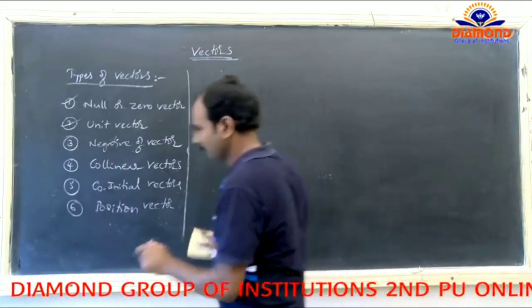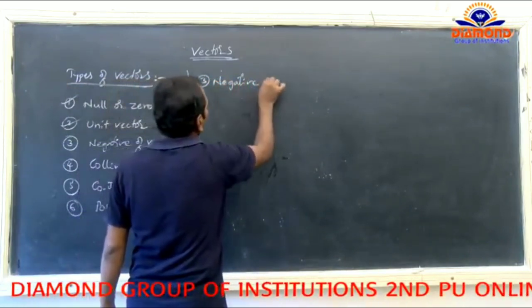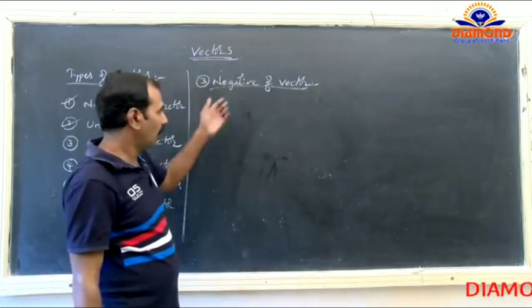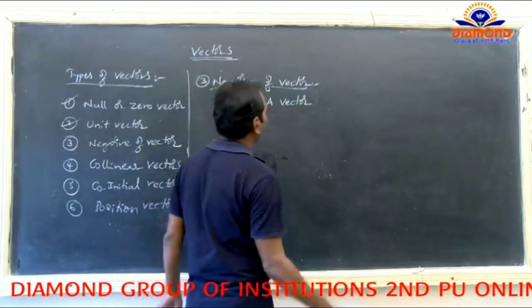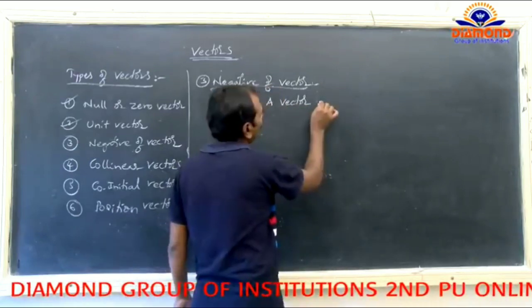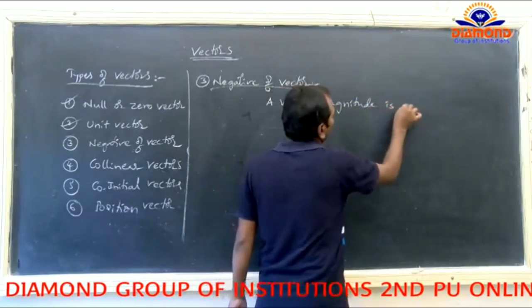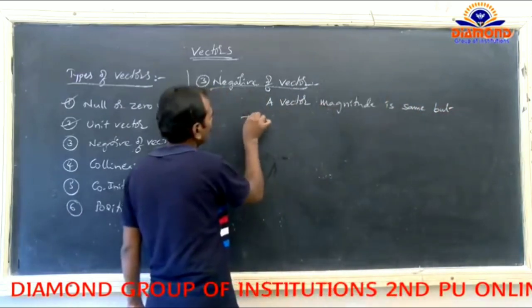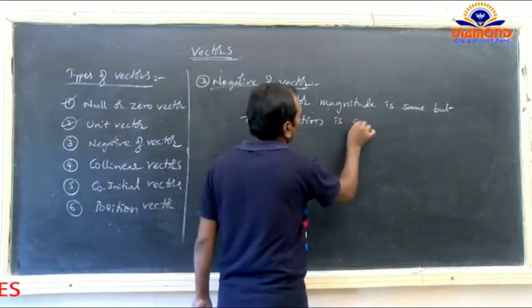Next, negative of a vector. Negative of a vector means a vector whose magnitude is the same but the direction is opposite.